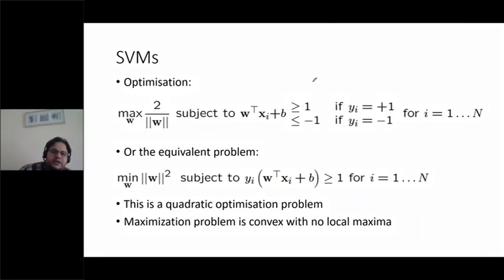So if we have this function, say this is the W norm, 1 divided by this would look like the inverse. Can anyone remember how 1 divided by x looks like? Something like that, I believe.